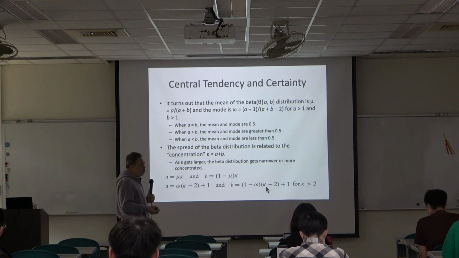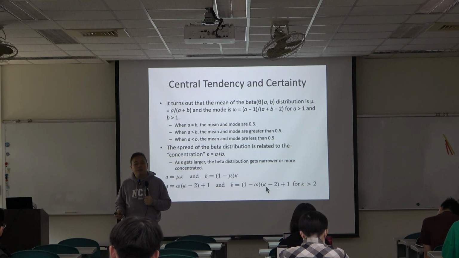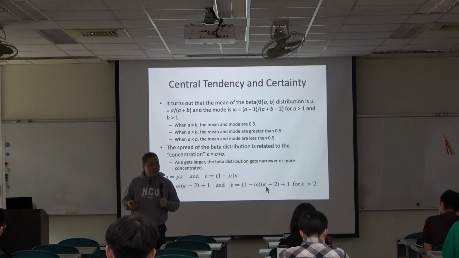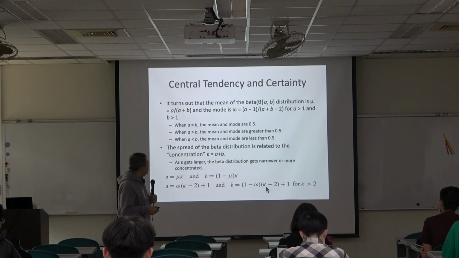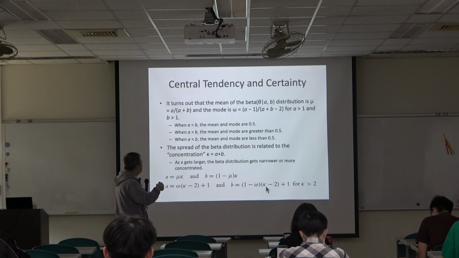By the way, when A and B are the same, we know the beta distribution will be symmetrical. When the beta distribution is symmetrical, obviously you can imagine the average will be the same as the omega, the mode. So when A equals B, the mean and the mode are 0.5.